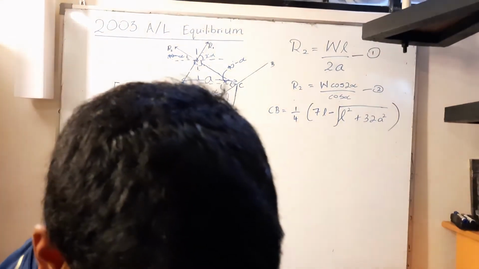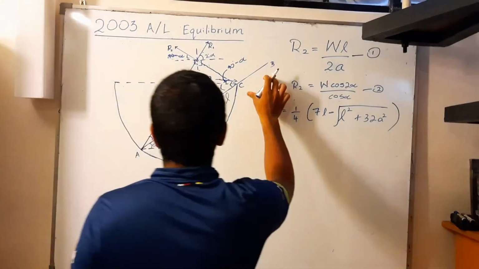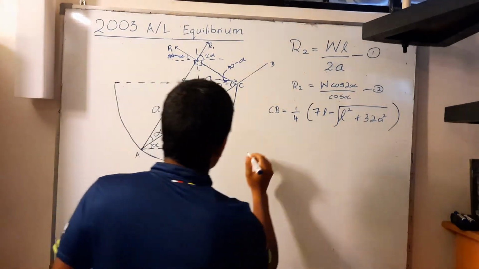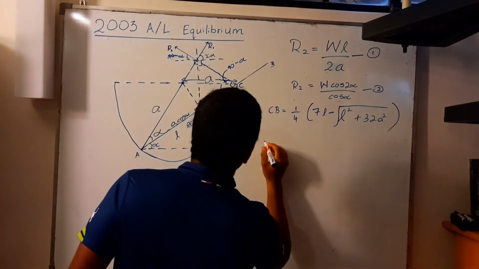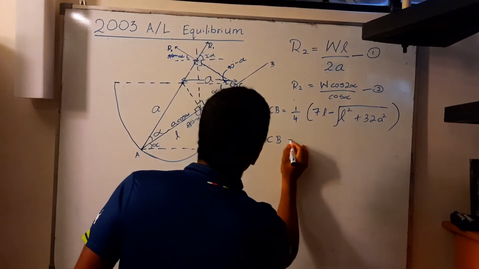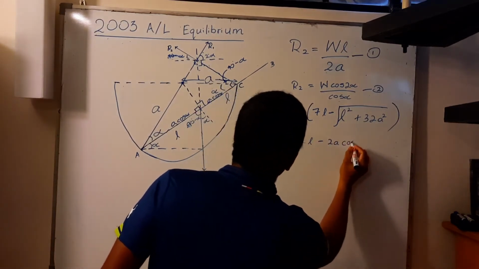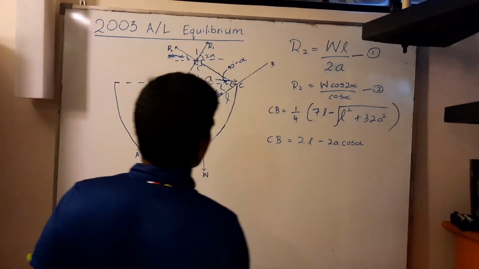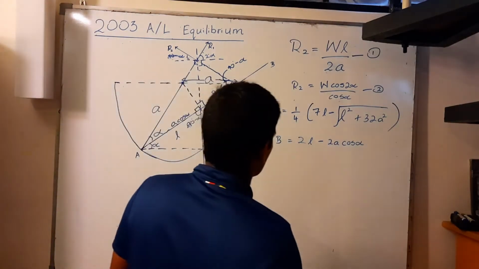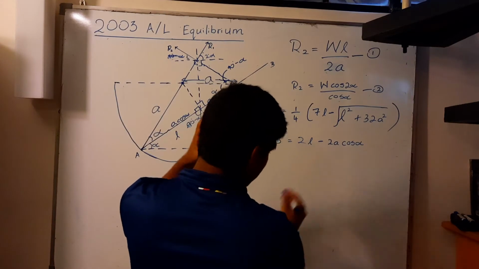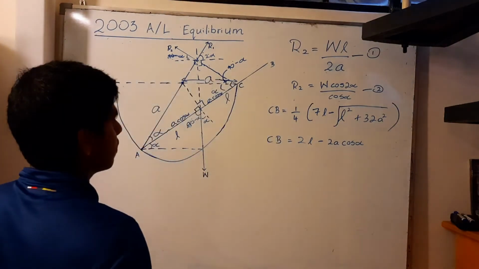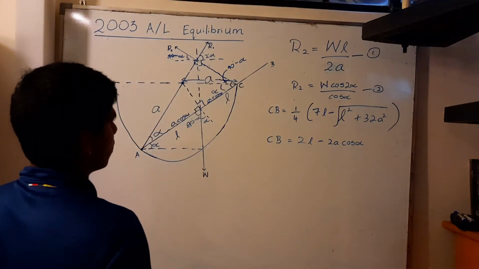So this is CB, and you can see that CB equals 2L minus 2A cos alpha. As you can see, the unknown over here is cos alpha. So what we need to do is find the value of cos alpha. If we find the value of cos alpha, then we can solve this equation.